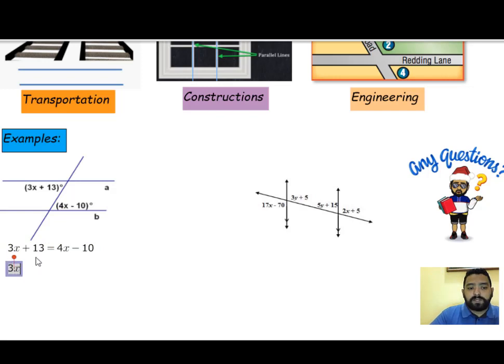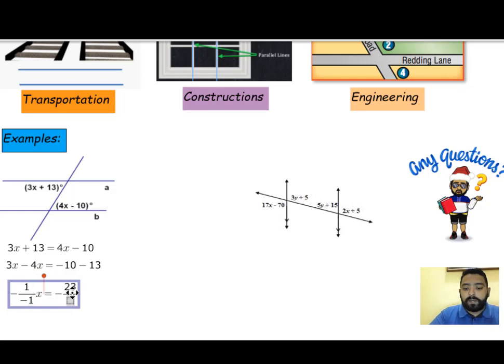We have 3x, and this positive 4x we move as a negative 4x using the inverse operation. Then we have negative 10, and we keep negative 10 because we arrange in the same position; we don't use the transposition of terms. This positive 13 we move as a negative 13. Then we simplify: 3x minus 4x is negative 1x, equal to negative 10 minus 13, which is negative 23. Then we divide this one by negative 1 and this one by negative 1.